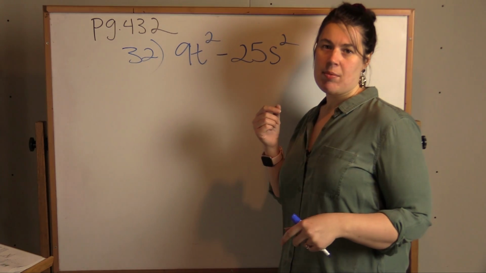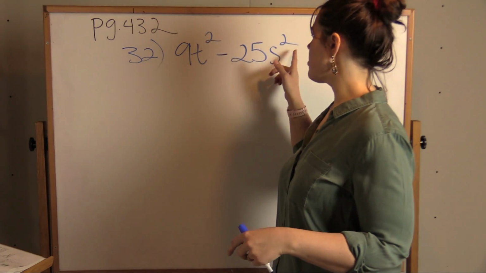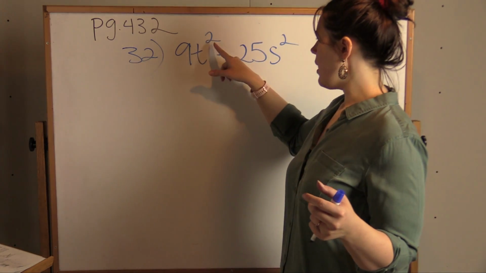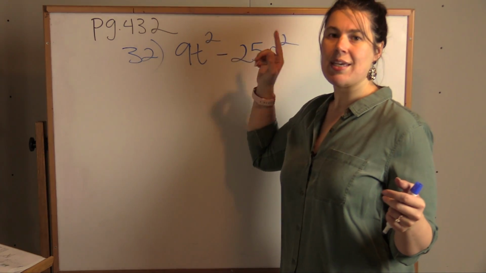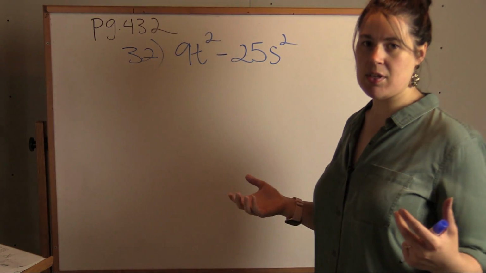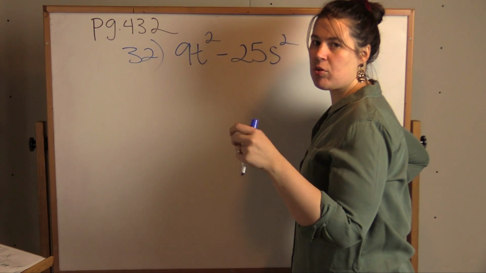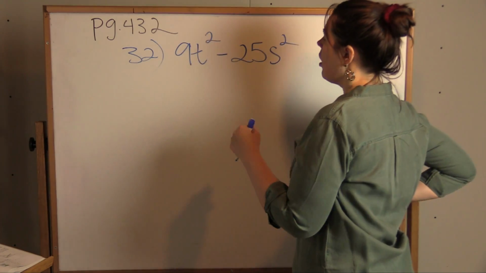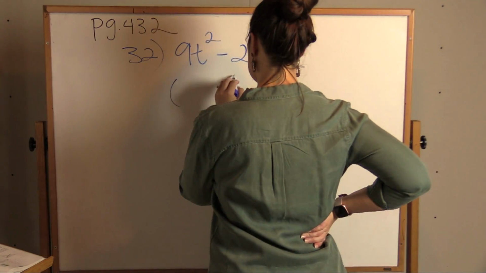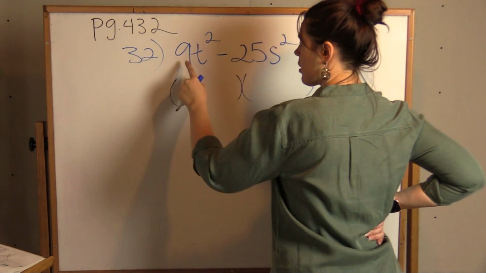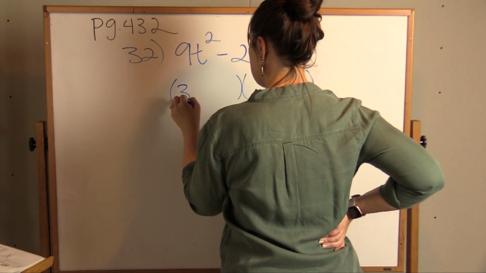Now looking at my variables. For variables, they don't have to be the same ones. They can be different ones. But the thing you're looking for is, is it an even number? As long as it's an even number, it's a perfect square. So I see a 2 and a 2. Those are both squares. So in this, the rule is take the square root of the first term. So the square root of 9 is 3.